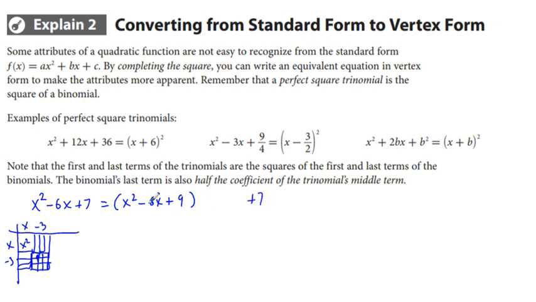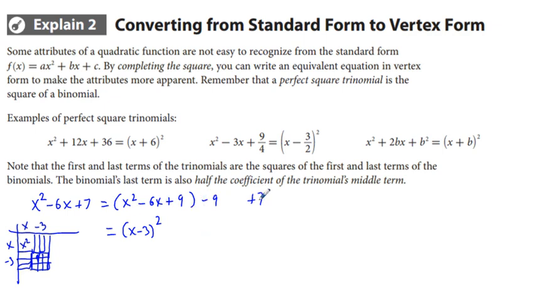And since we added 9 to get our perfect square, what do we have to do outside? Subtract the 9. And so we can rewrite this expression as a perfect square. So we would have (x minus 3) squared, because if we expand this (x minus 3) squared, we would get this x squared minus 6x plus 9.